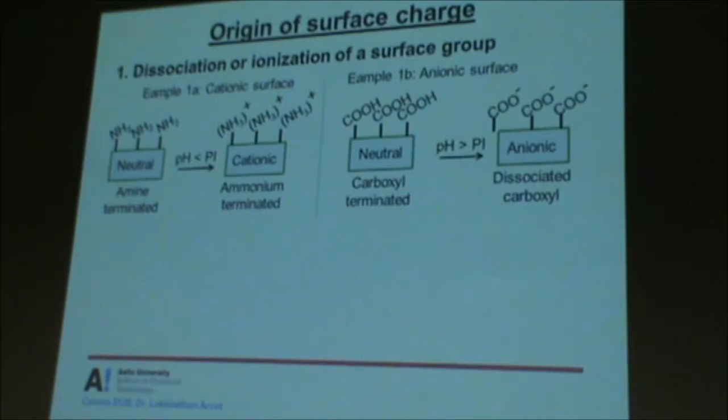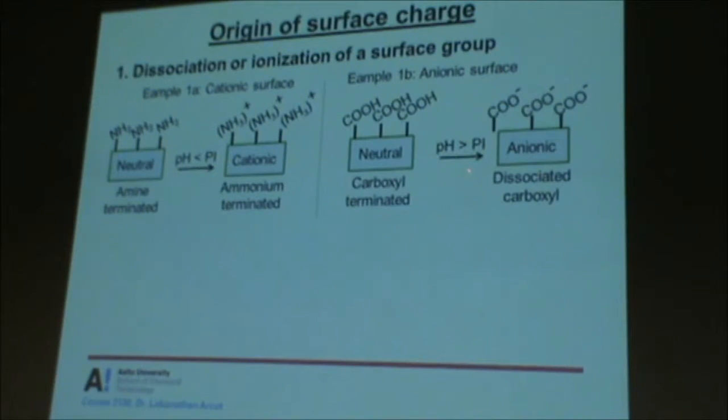So now, for example, I'm showing a surface which is not charged. Let's say you have pH below isoelectric pH. Lower pH means higher proton concentration, so you have more protonation, and that's why you have a positive charge developing on the surface. The opposite is here, where the pH should be greater than isoelectric pH because it is deprotonation.